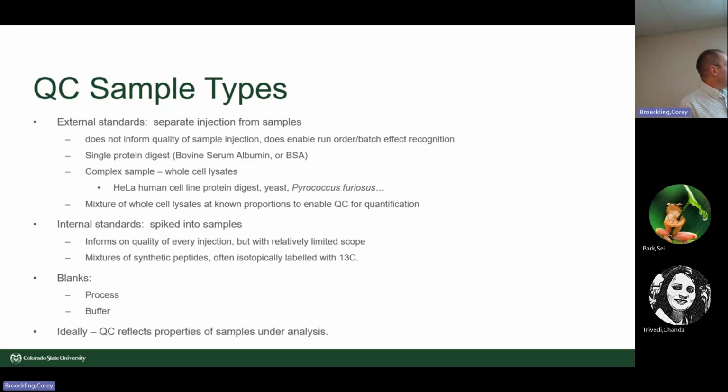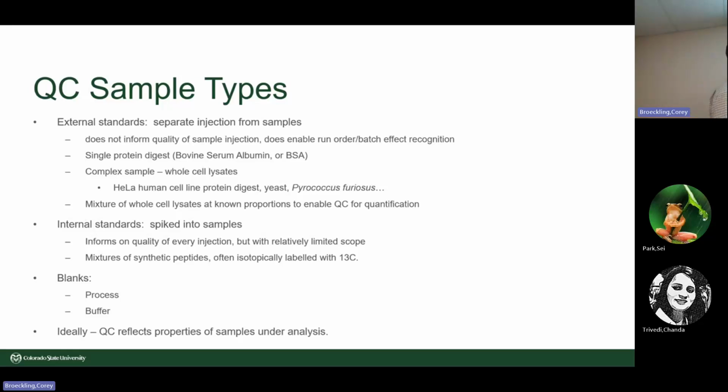The downside of internal standards is that they're often relatively simple. You can't spike in 10,000 internal standards to make it representative of all of the peptides in your sample. That is economically not feasible, and it would cause your data quality to go down because there are a lot more signals now competing with your signals.